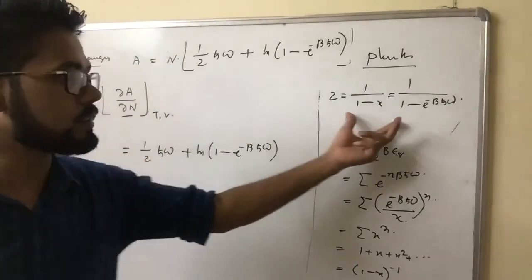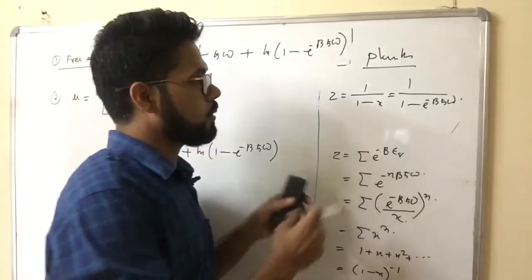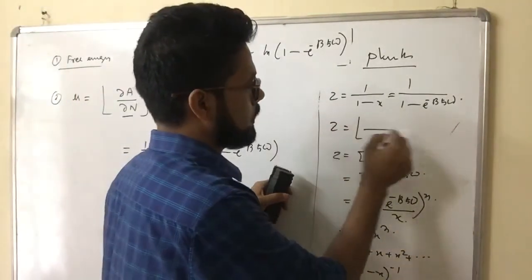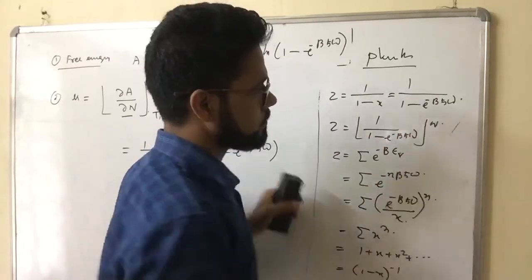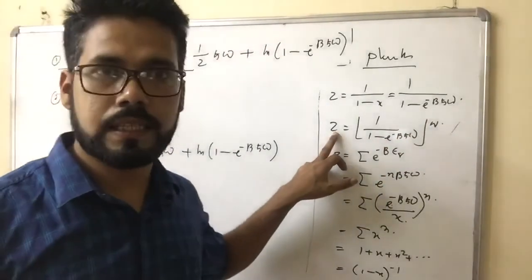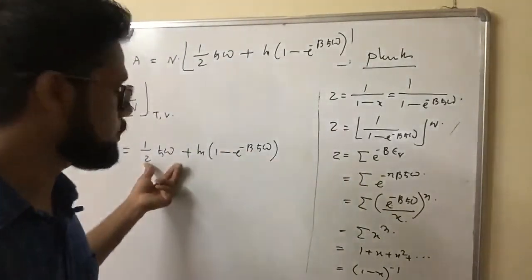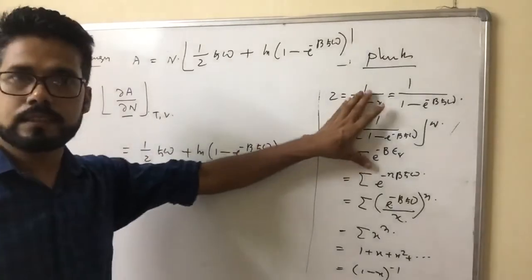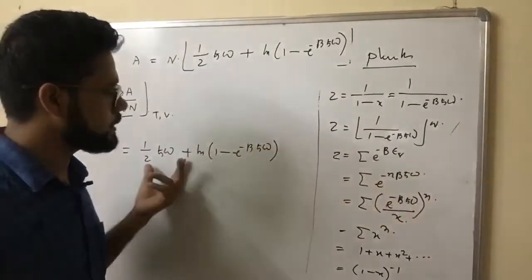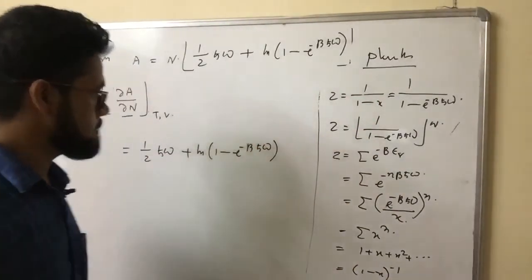For the whole system, the partition function is 1 minus e to the power minus beta h cos omega, to the power n. If you calculate the free energy using this, that term will not be there. Similarly, for the chemical potential, I will discuss this part again; the first part will not be there.